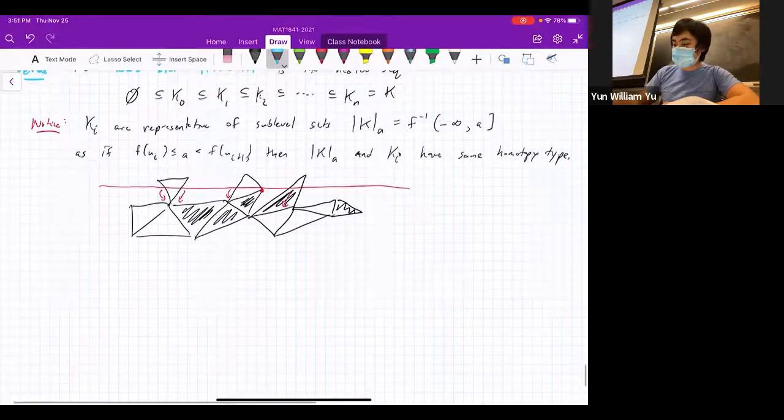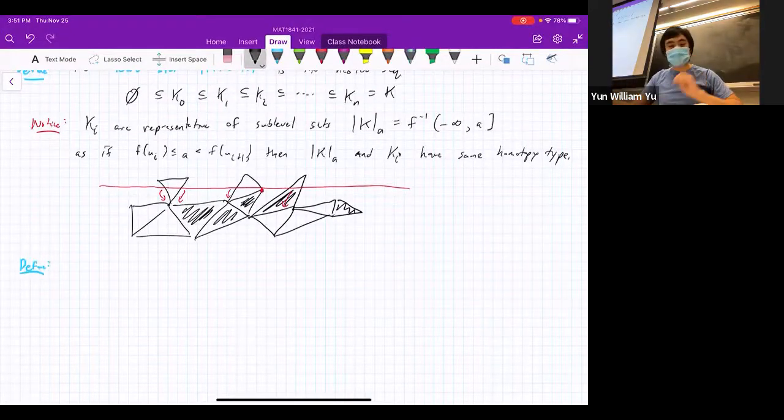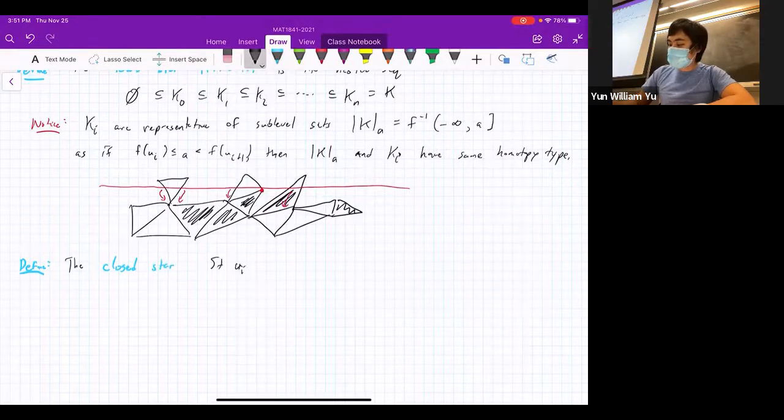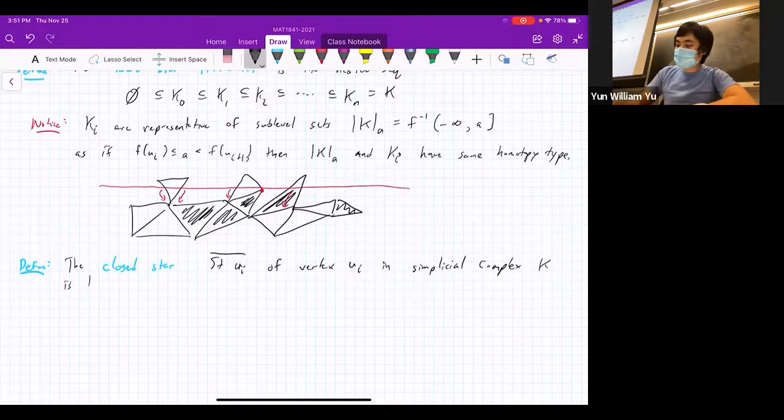So let's define a couple other things. So if we define the closed, I am running out of time, but I think I'll just finish in time. So the closed star, st u sub i, closed of a vertex u_i in simplicial complex K is the smallest subcomplex of K that contains the star.